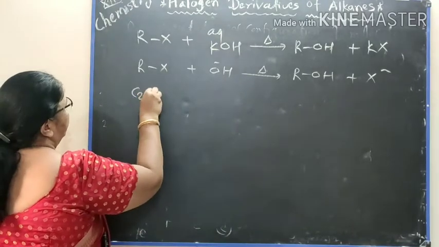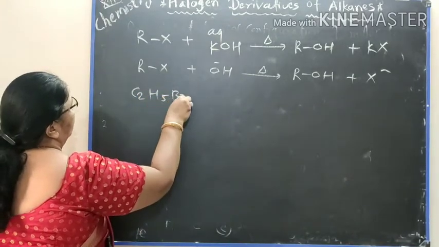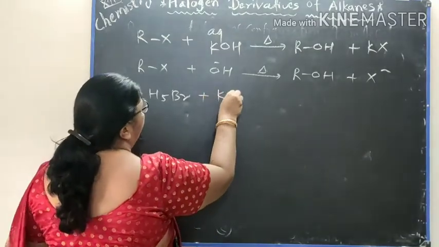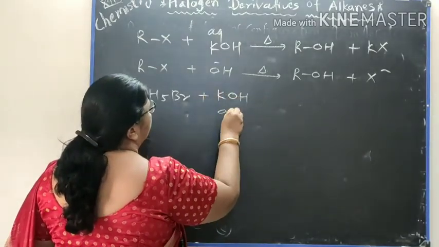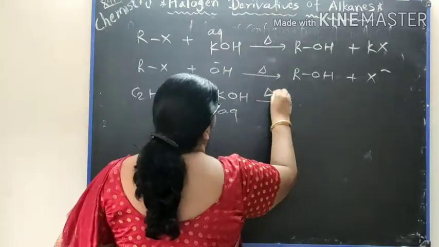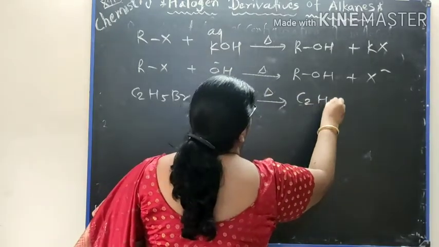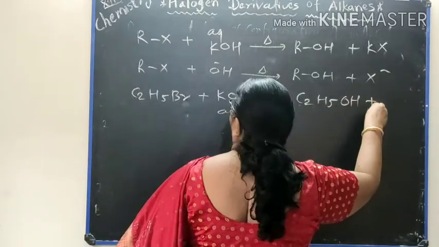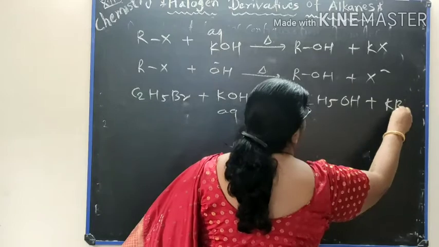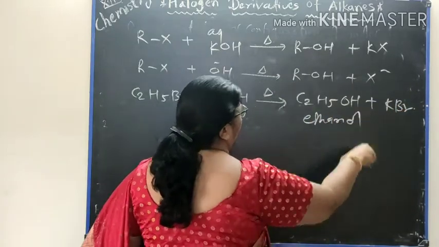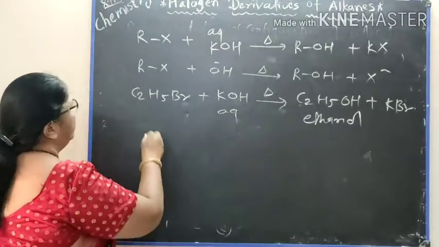Suppose ethyl bromide, C2H5Br, is treated with aqueous potassium hydroxide, KOH. After heating it produces C2H5OH, ethyl alcohol, and potassium bromide. This is also called ethanol.